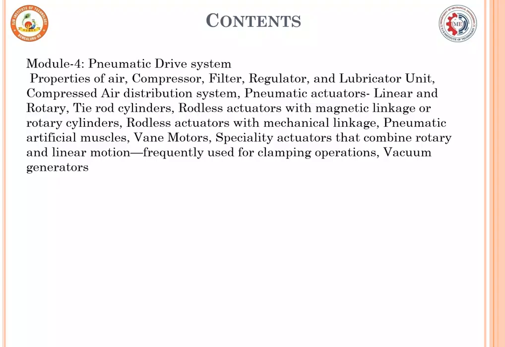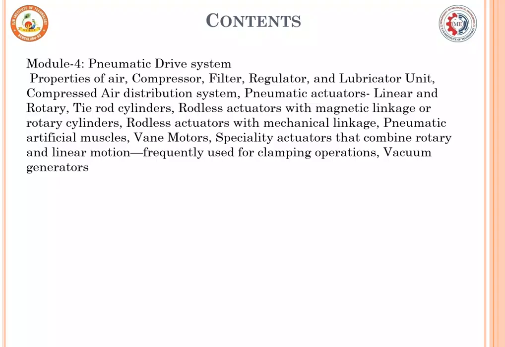different types of compressors, filters, regulators, lubricator unit, compressed air distribution system, pneumatic actuators, linear and rotary, tie rod cylinders, rodless actuators with magnetic linkage or rotary cylinders, rodless actuators with mechanical linkage, pneumatic artificial muscles, which are used to open and close the hand by using the artificial muscles.